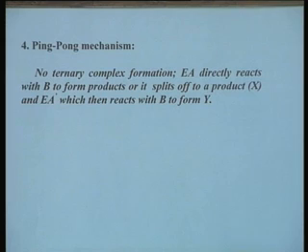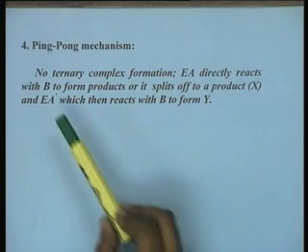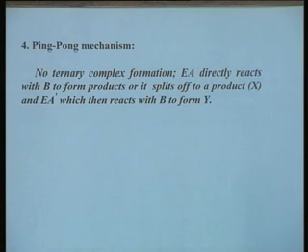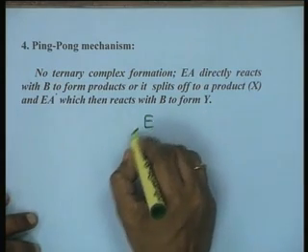That means, as soon as the first binary complex EA is formed, the interaction with the second substrate forms a first product, or it splits off to a product and a modified enzyme substrate complex, which then interacts with the B.